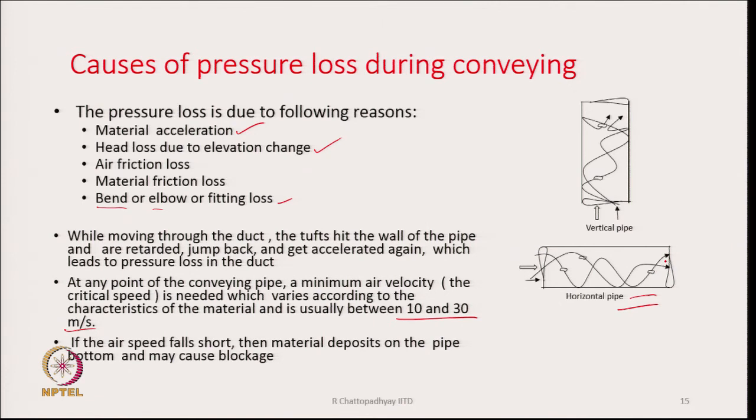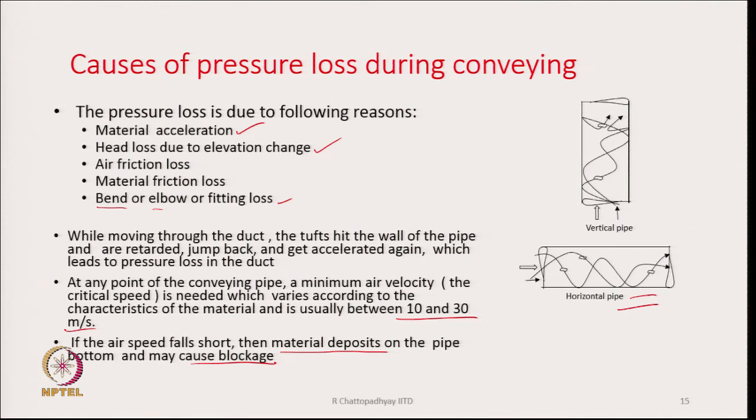But if the speed is too low, the material will deposit on the pipe bottom, and if excessive material deposits, that could be a blockage. This possibility could be there.